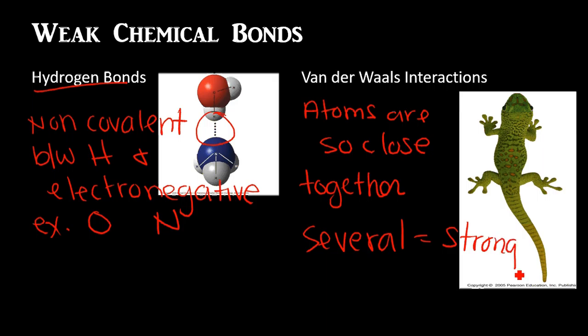So animals like this gecko, on the pads of its feet, it's made up so that they have van der Waals interactions between their feet and whatever they're climbing on. So that keeps it very strong. Think about this gecko trying to crawl on the ceiling. It's going to need a lot of strength in its bonds between its feet and the ceiling to stay on the wall or on the ceiling and not fall.